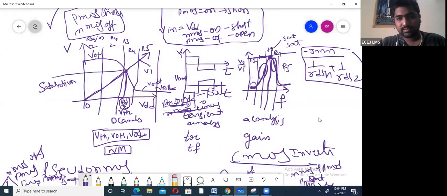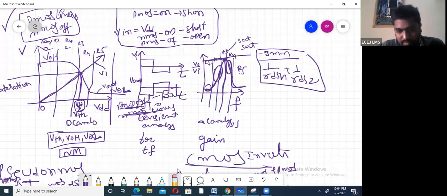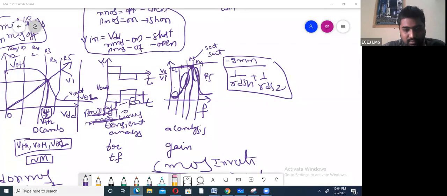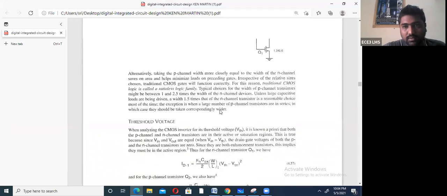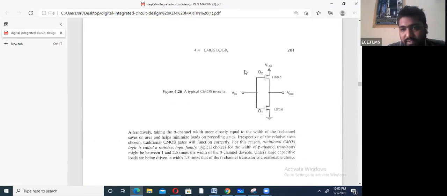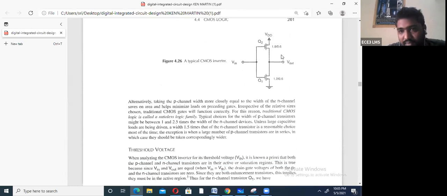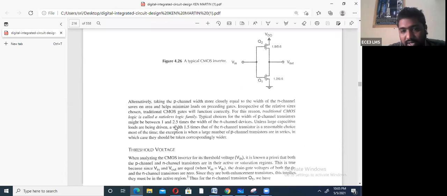Now I will show the CMOS inverter. So this is a CMOS inverter. This you already know. And here, for symmetrical output, in the pseudo NMOS inverter they multiplied by 2, that is W by L of P is twice W by L of N. But here, in the textbook, they are taking 1.5.